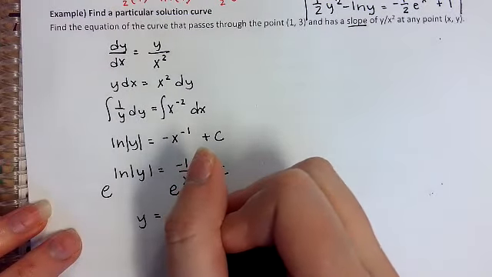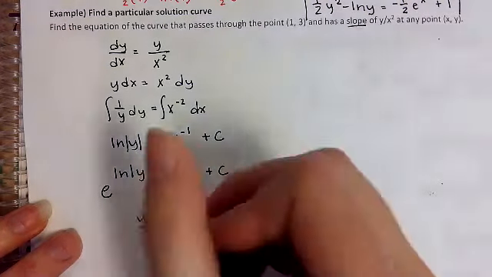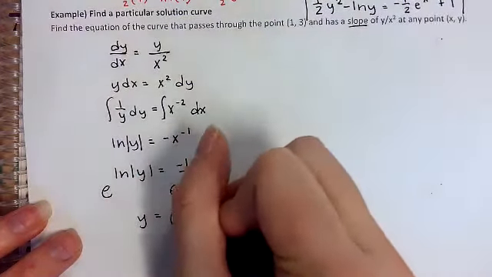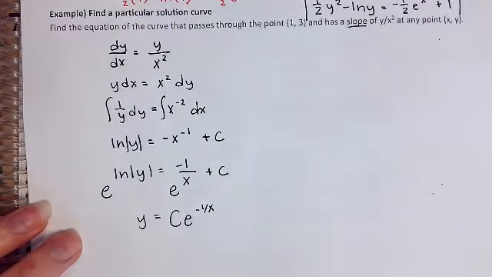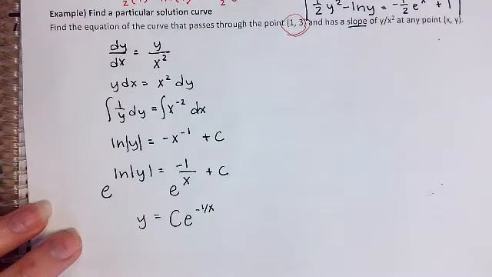Y equals C e to the negative 1 over x. Good. So that's my differential equation. Now plug (1, 3) in. And we're going to plug (1, 3) in because that will give us our particular solution.